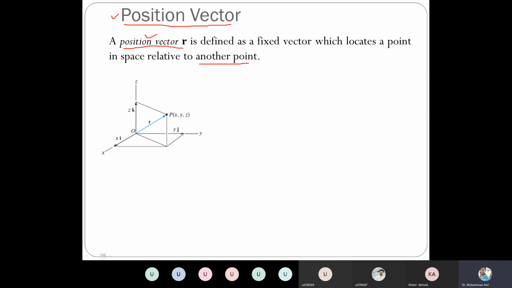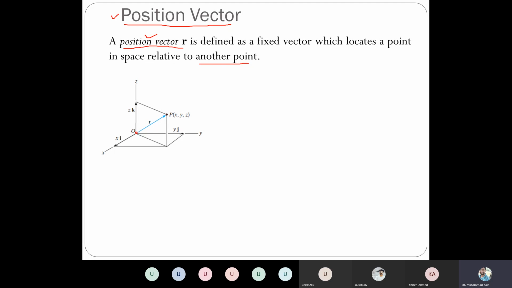For example, here is a point, let's say point P. This point P can be located, its position can be described using a position vector r. Please remember, every time you have to start from the origin. From the origin, how can you reach this point P? That's the main function of the position vector, that from any fixed point, how can you reach this point?